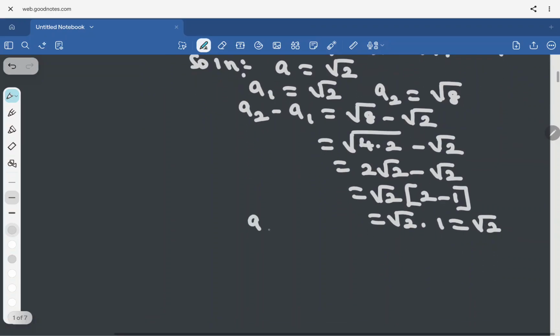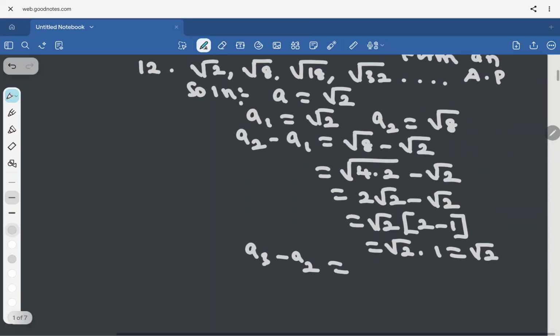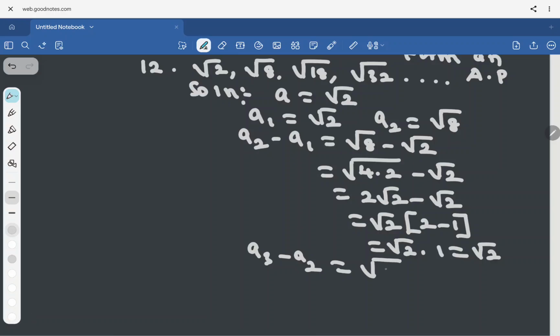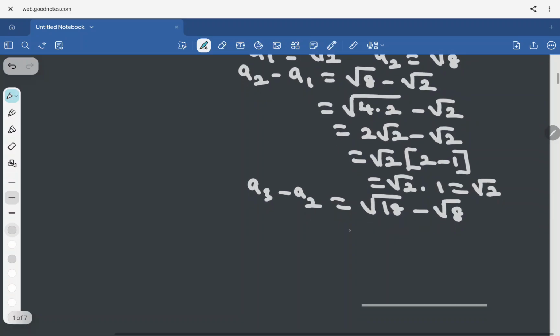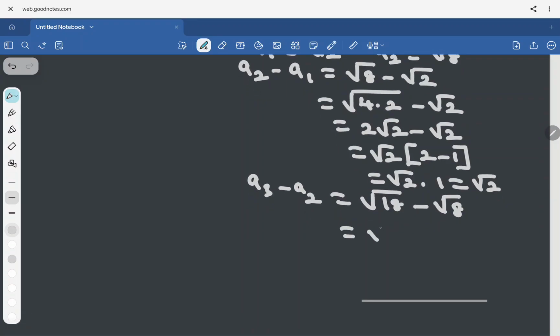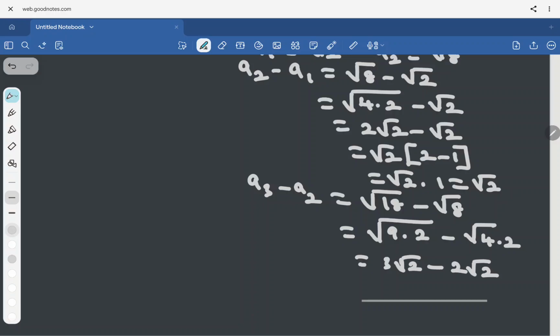Find difference a3 minus a2. What is a3? Root 18 minus root 8. Root 18 can be written as root of 9 into 2. Root 8 can be written as root of 4 into 2. Root 9 into 2 means 3 root 2 minus root 4 into 2, 2 root 2.